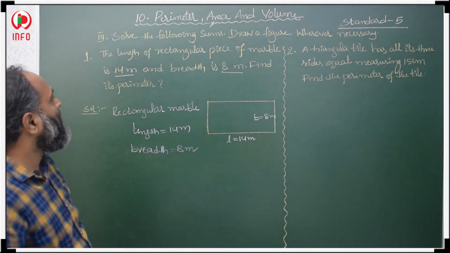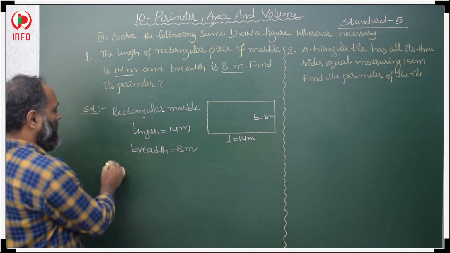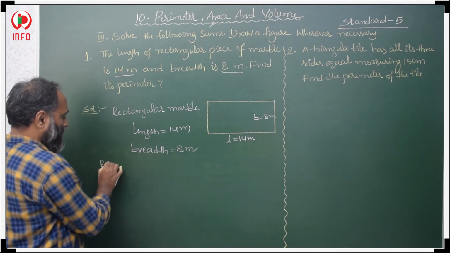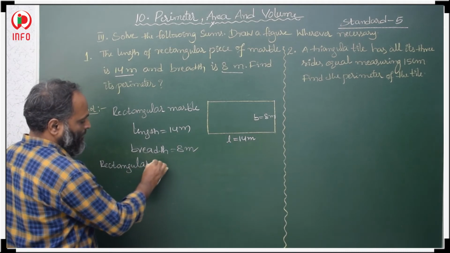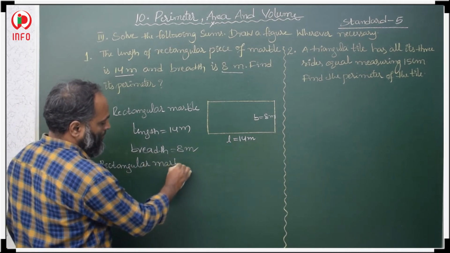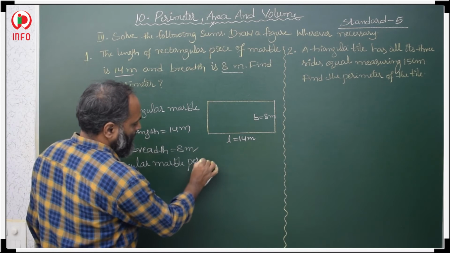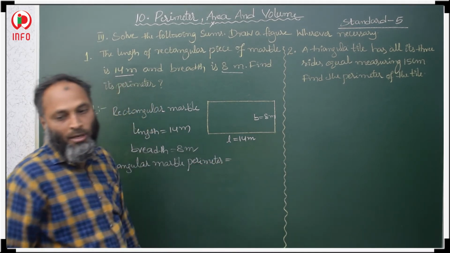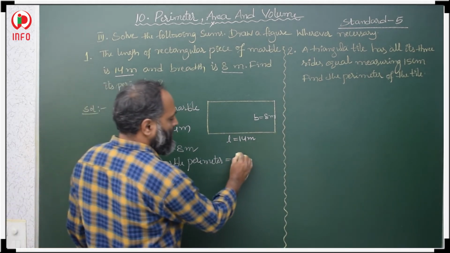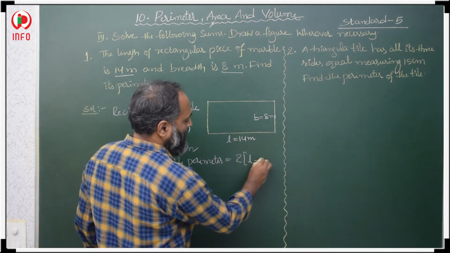Then after that, perimeter. Rectangular marble perimeter is equal to 2 times (length plus breadth).